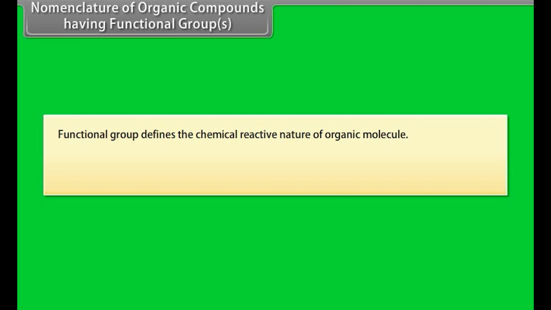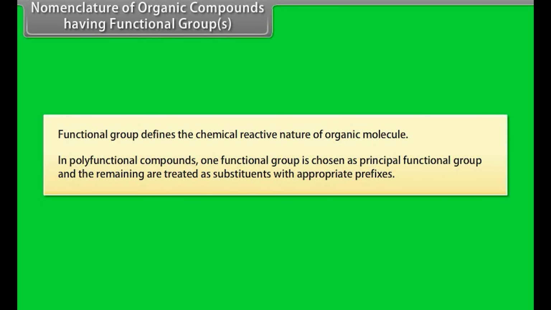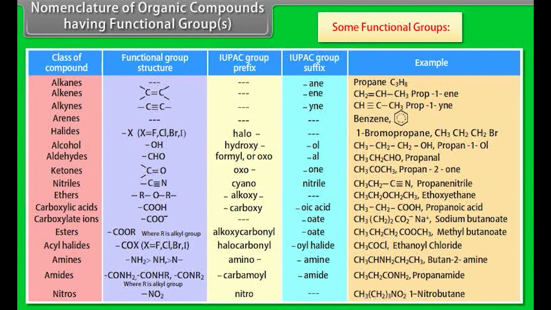Functional group defines the chemical reactive nature of an organic molecule. In polyfunctional compounds, one functional group is chosen as the principal functional group and the remaining are treated as substituents with appropriate prefixes. Some functional groups are given below in the table.